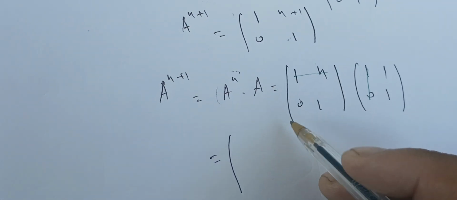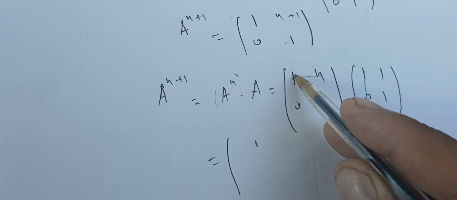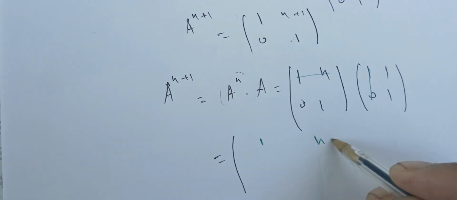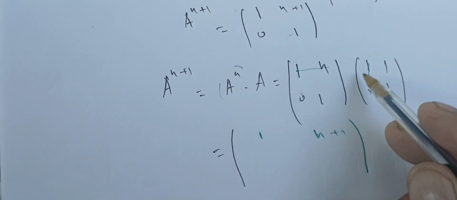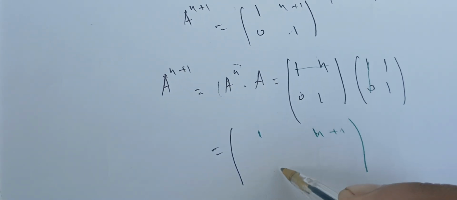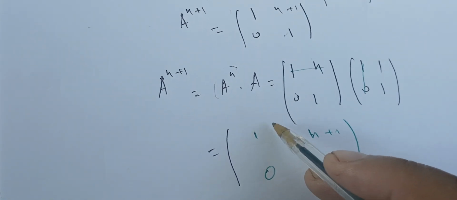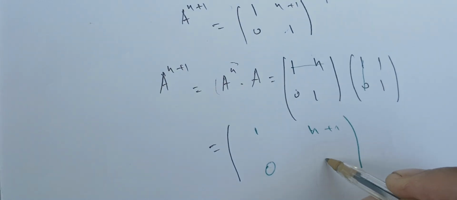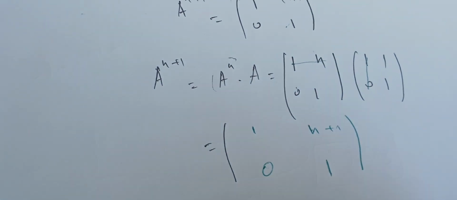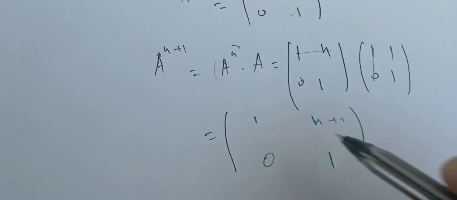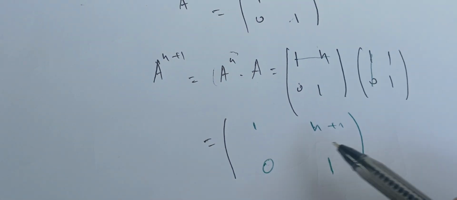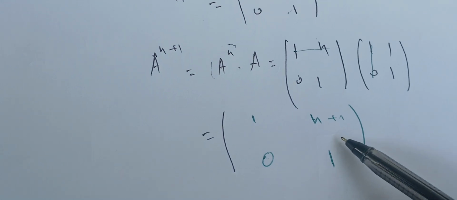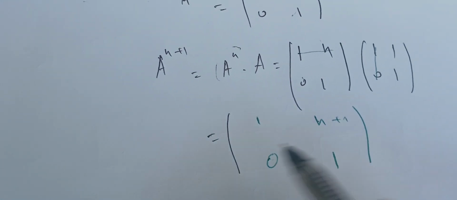We have 1 here, and after that we have 1 times 1 plus n times 1, which is n plus 1. And here we have 0 times 1 plus 1 times 0, which is 0, and 0 times 1 plus 1 times 1, which is 1. This means that A to the power n plus 1 is written in this manner. This means that it's true.